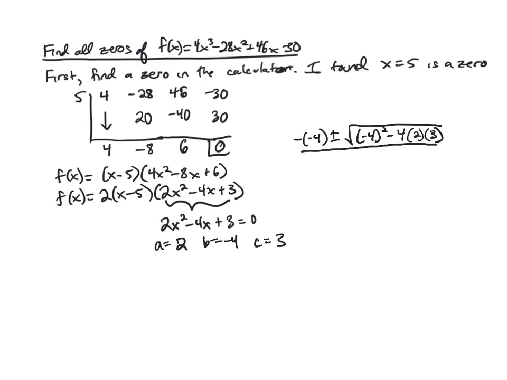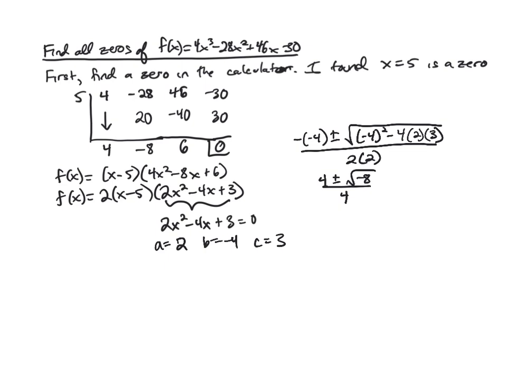And I divide that entire thing by 2a, which is going to be 2 times 2. So I'm going to clean that up a little bit. My negative negative 4 becomes a 4, and then I have plus or minus 16 minus 24, which actually will give me a negative 8 underneath the square root, all over 4.